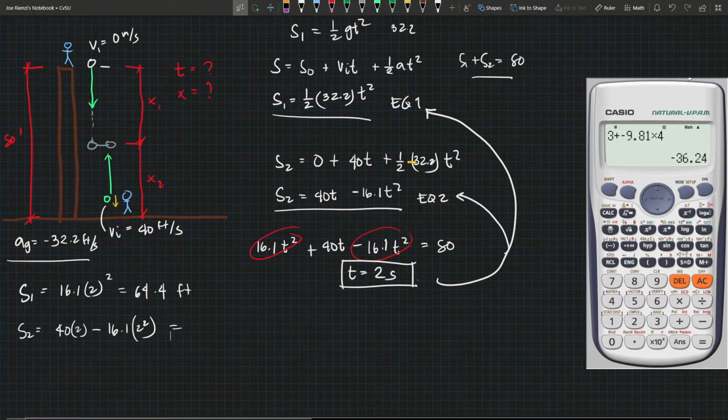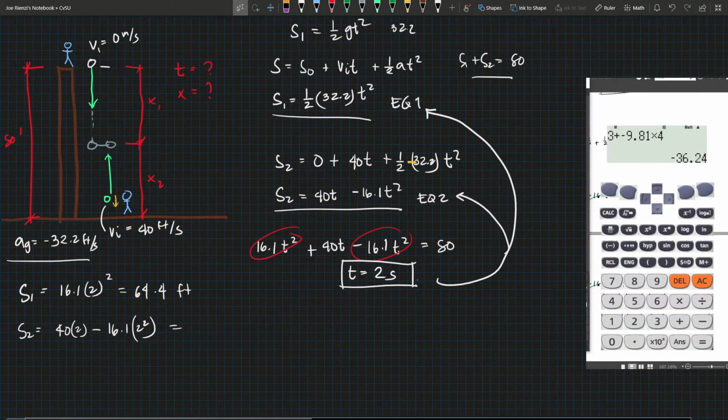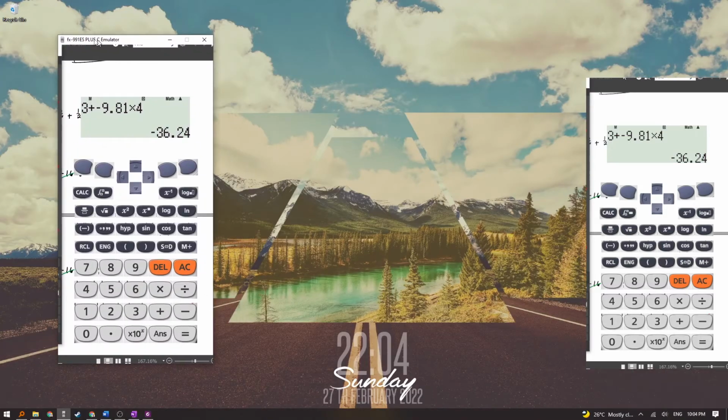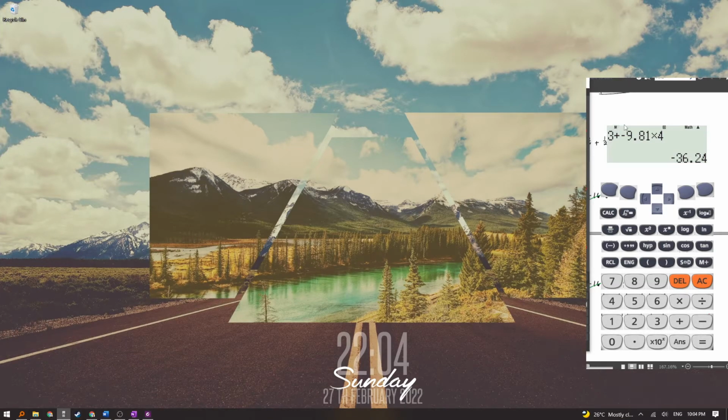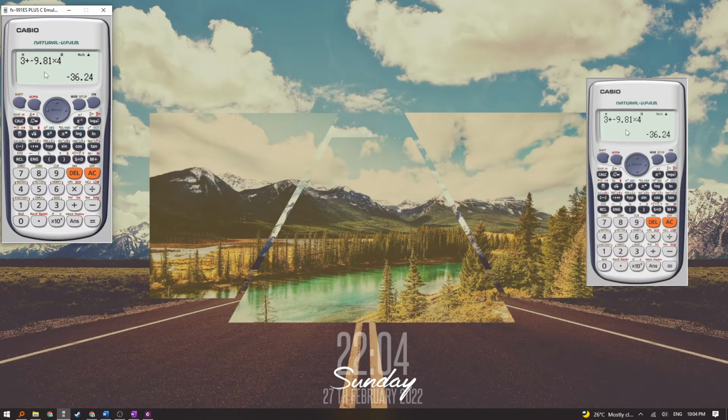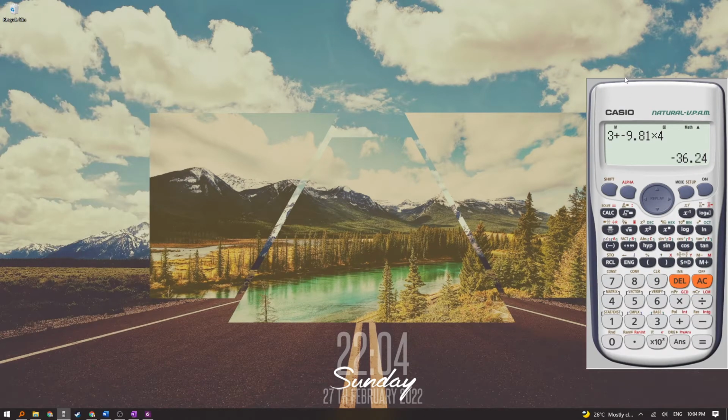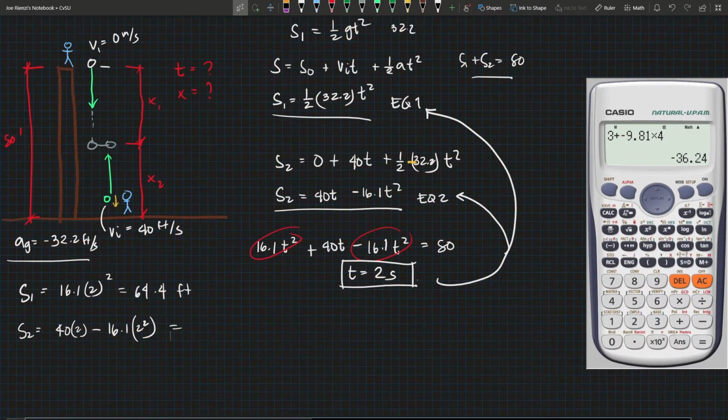So, getting our calculator. Solving. We have 80 minus 16.1 times 2 squared, 15.6.